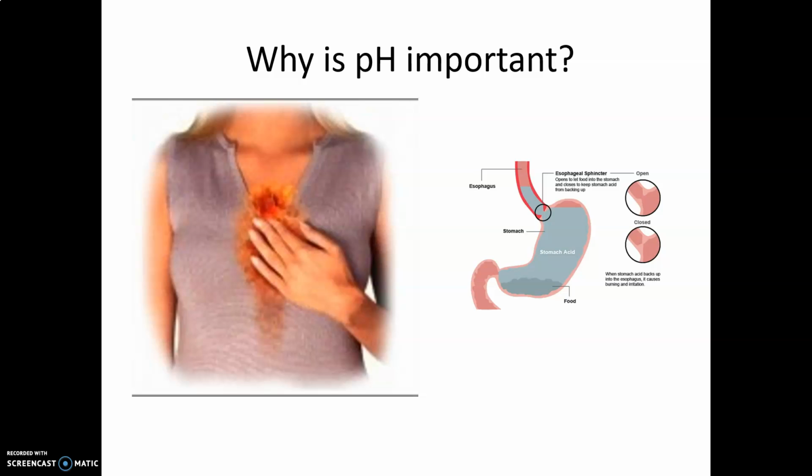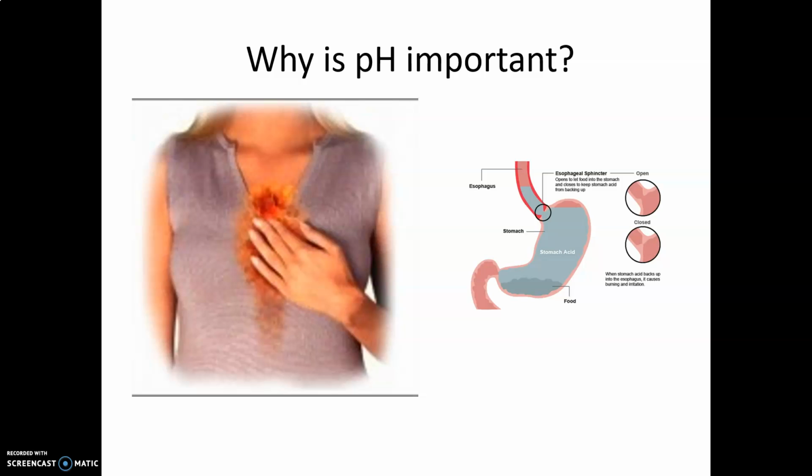Why else do you care? How many of us have heard about heartburn? What is that? That's acidic stomach contents coming up the esophagus where it shouldn't be. So the stomach is coated so that it can maintain its acidic environment. Outside of the stomach is not. So if that acid goes up into your esophagus, it really is burning that lining because it wasn't made to have that acid in it.